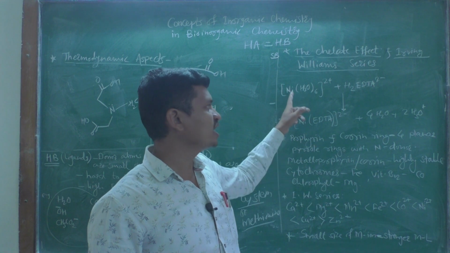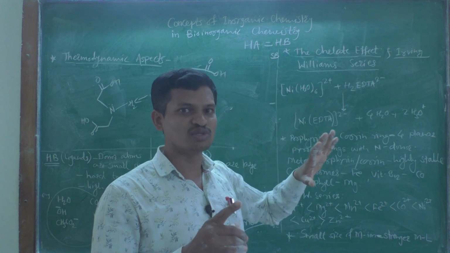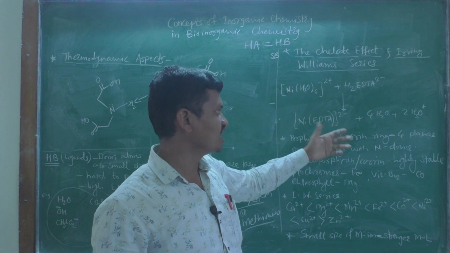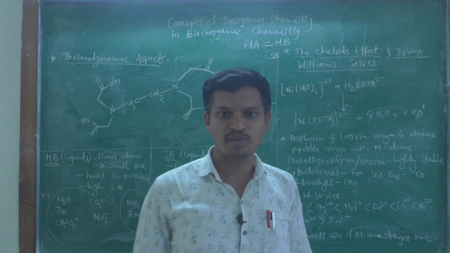Instead of one nickel metal cation combining with 6 water molecules, this is the effect known as the chelate effect, and once the chelate is formed, it has extra stability.